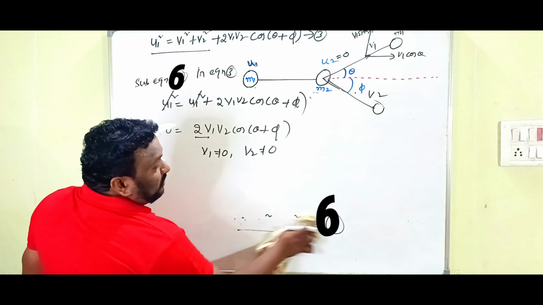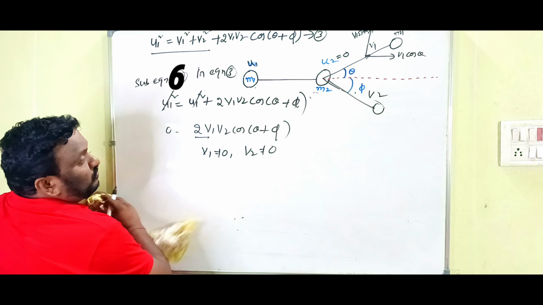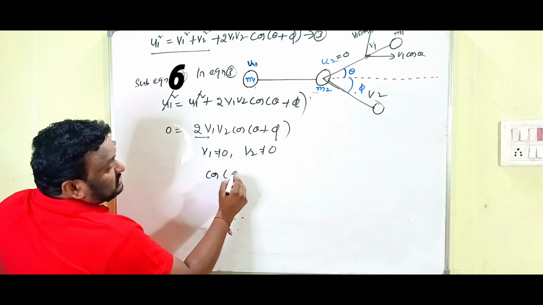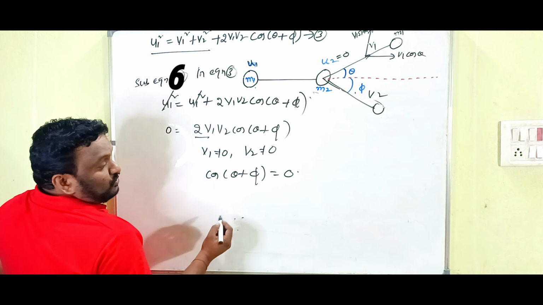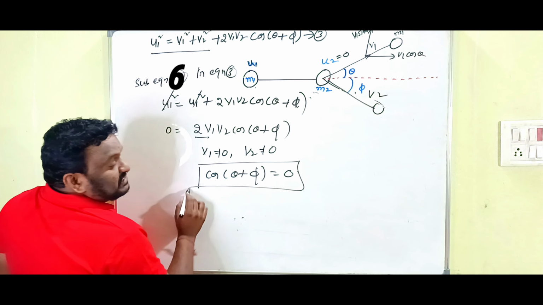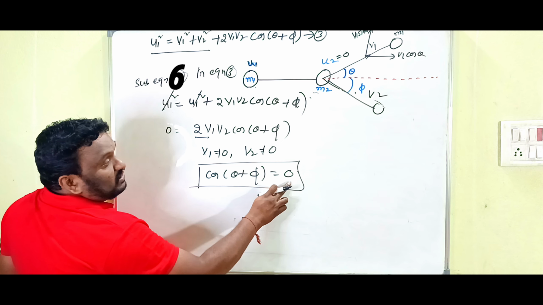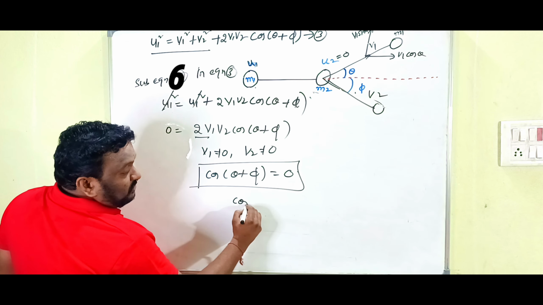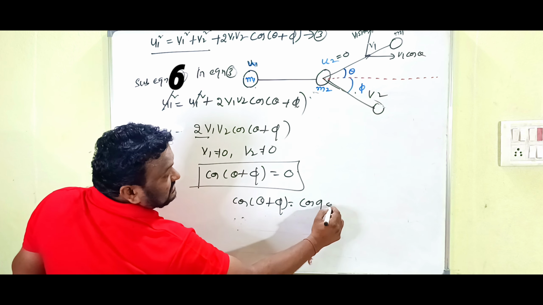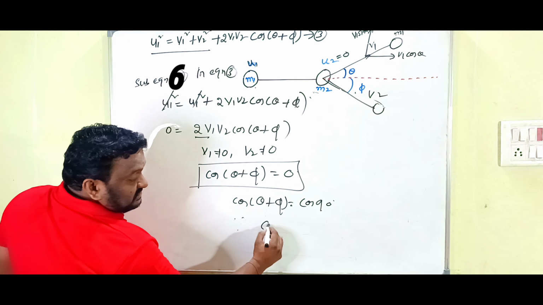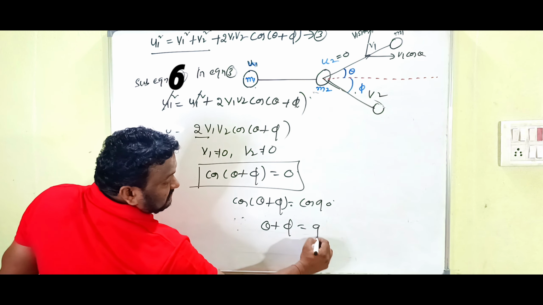Then obviously cos(θ+φ) equals 0. Cos 90° is 0. Therefore cos(θ+φ) equals cos 90°, so θ+φ equals 90°.